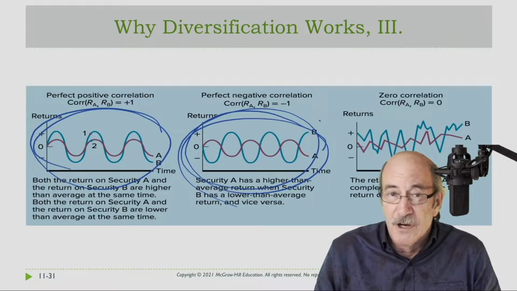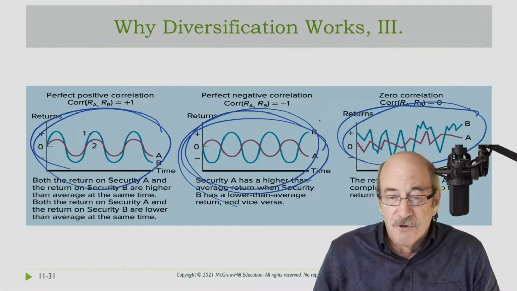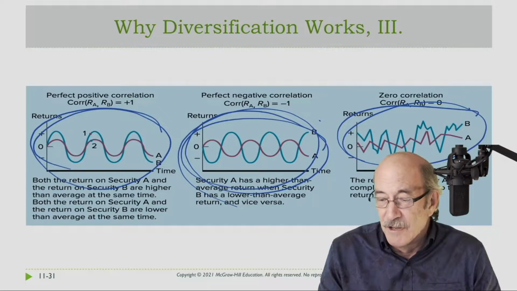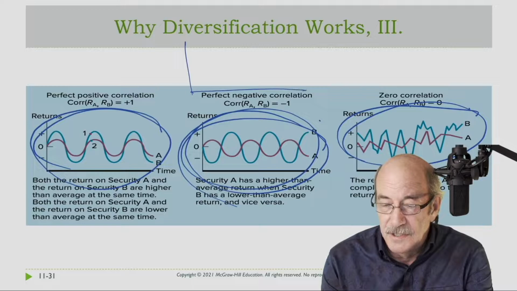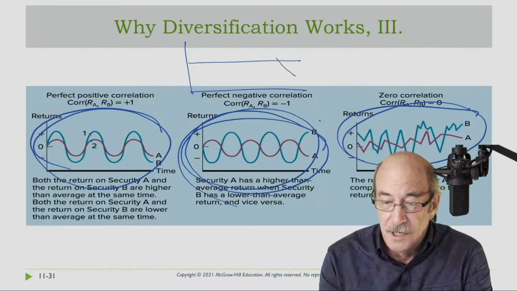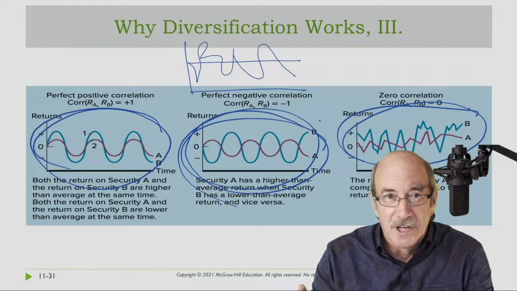This one over here on the far right is a representation of zero correlation, but I actually have a cleaner version of that for you. Zero correlation is easy because if one series is invariant, doesn't change, and the other series is moving around, not like that, but you get the idea.